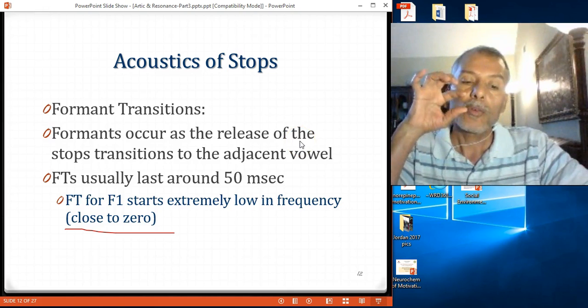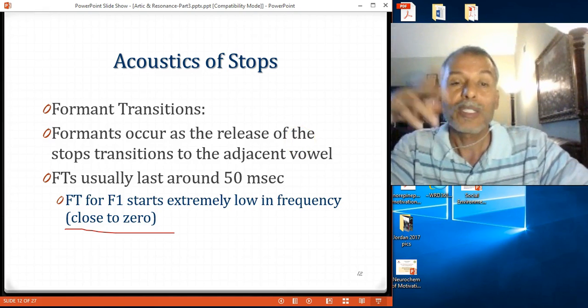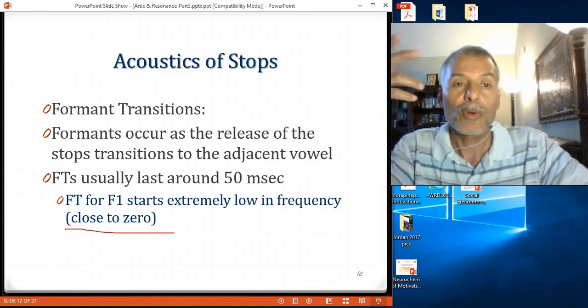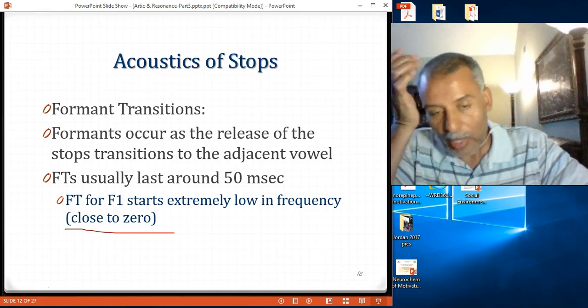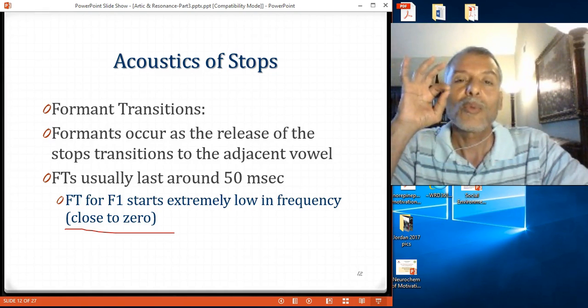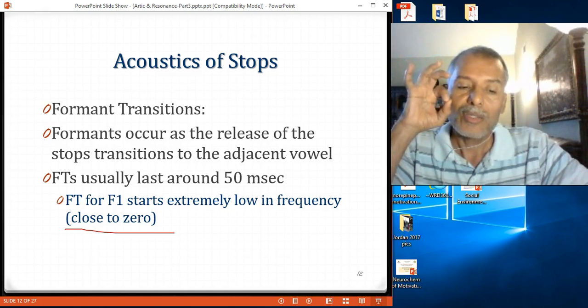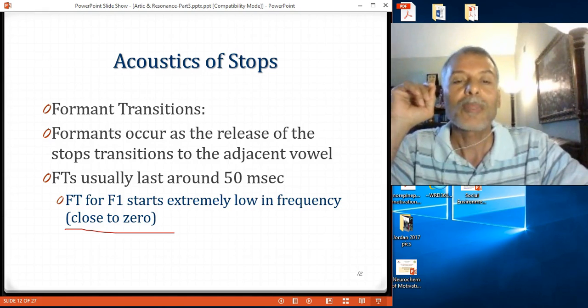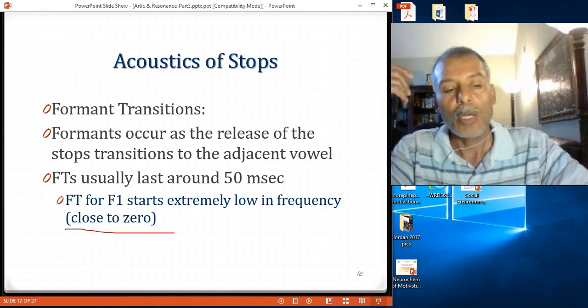So you are moving from the stop to a vowel, because you can't release them except, if you want to make an affricate. But typically when you say one single sound, you release it into a stop like pa, da, ka, ga. This is how you tell me what sound you are speaking about.